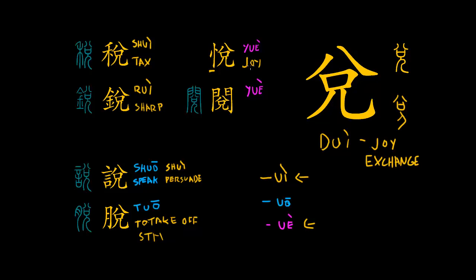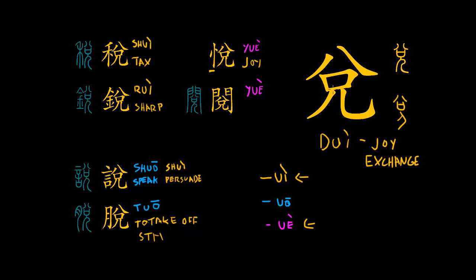And if you've watched my previous videos, you know that whenever you have heart as a semantic element in characters, it points to abstract meanings that have something to do with emotions or situations and things like that. So this is a semantic element pointing to the meaning joy.